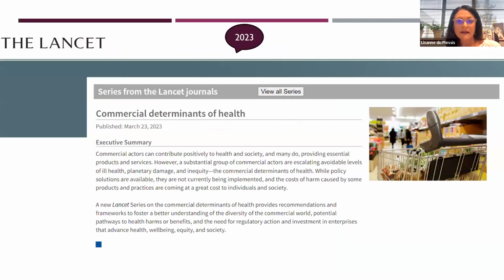Now, fast forward a decade, then we see that the Lancet now also shines a light on these very issues. And a whole series was dedicated to the commercial determinants of health in 2023, where they acknowledge and recognize that there are certain commercial actors that contribute positively to health and society, but a substantial group of commercial actors are escalating avoidable levels of ill health, planetary damage, and inequity.